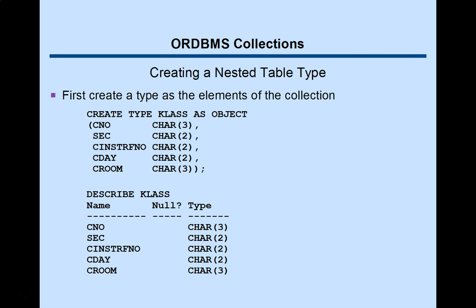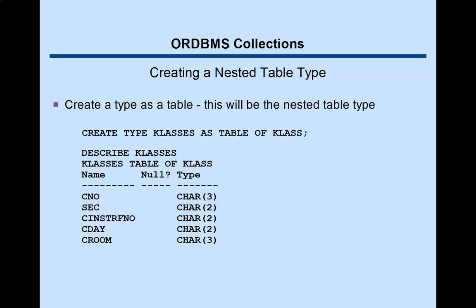But the reason we're doing that is to keep it distinct from a class table that we have in our academic database. Once we create this class, we can then go ahead and create the nested table type. The nested table type will be called classes, again spelled with a K, and it is a table of these class object types. We can use the SQL*Plus command describe classes, and we find out, sure enough, classes is a table of class.